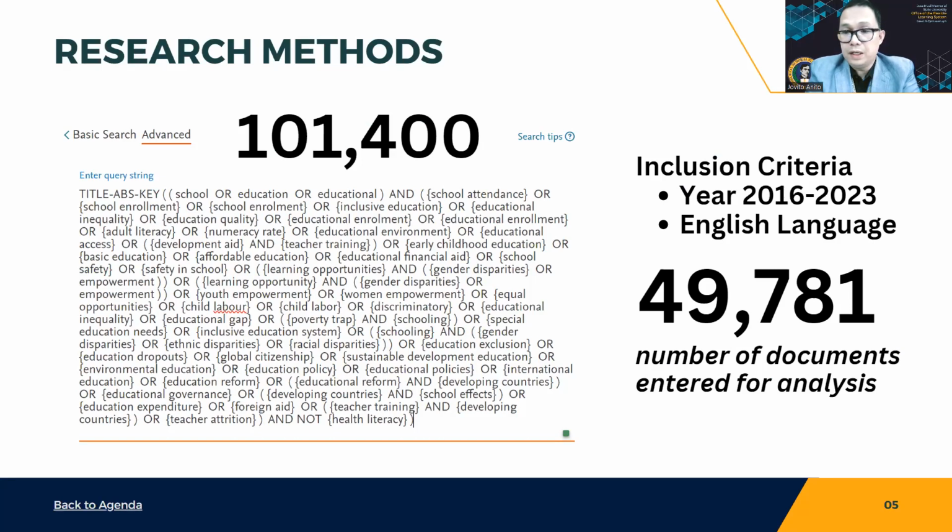So when we enter this in the database, a total of 101,400 documents were registered, starting from as early as the 1940s until 2023. But because we are interested in studies generated between 2016 and 2023, we limit the documents to these years, and we also applied English as one of our inclusion parameters.